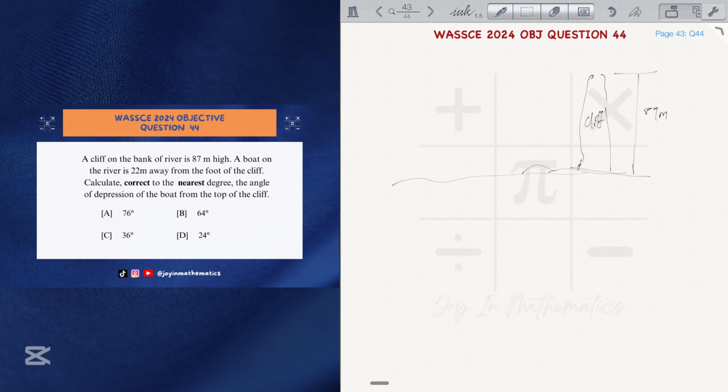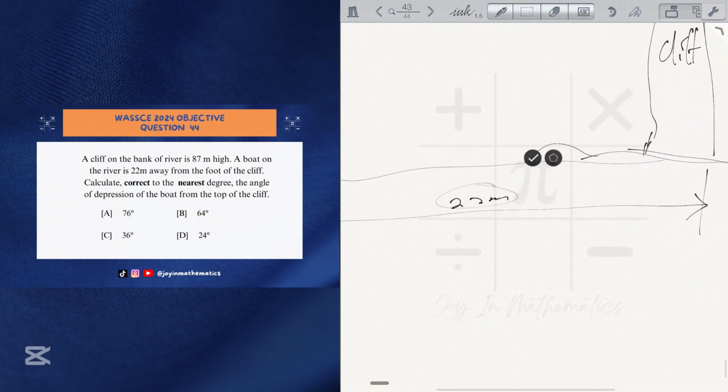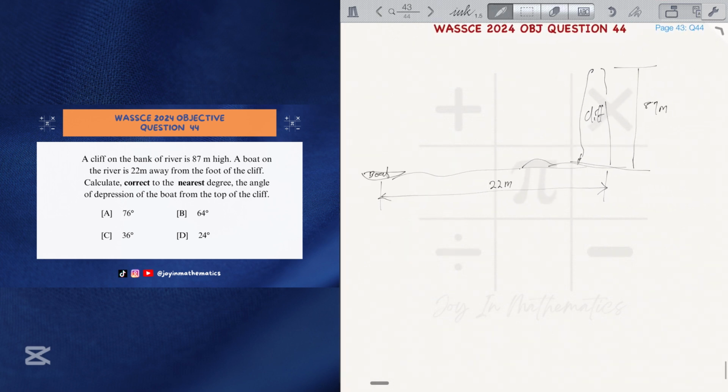So let's say we have a boat here. The boat is 22 meters away from the foot of the cliff. So we call this 22 meters. Calculate, correct to the nearest degree, the angle of depression of the boat from the top of the cliff.